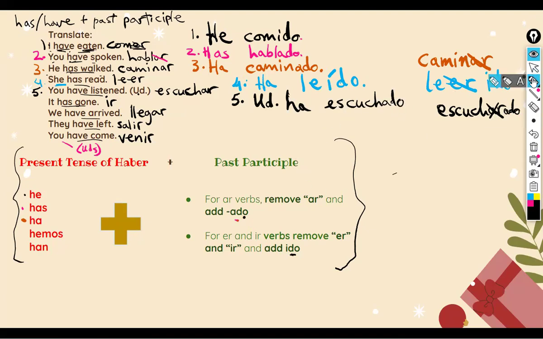Okay, so try 6 to 9. And then we will correct them.